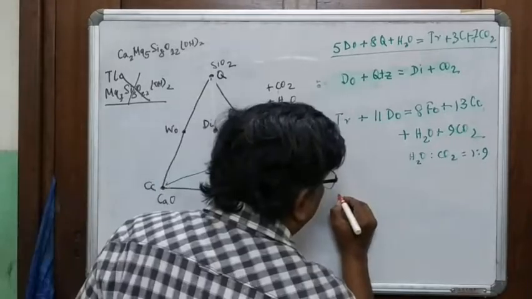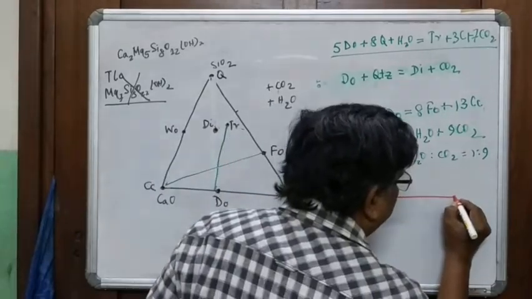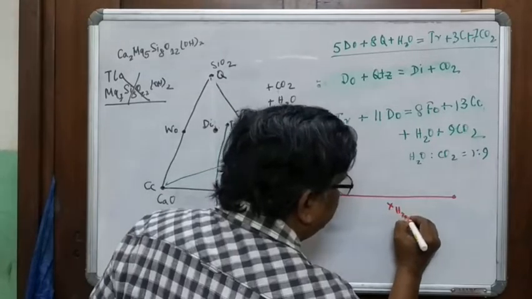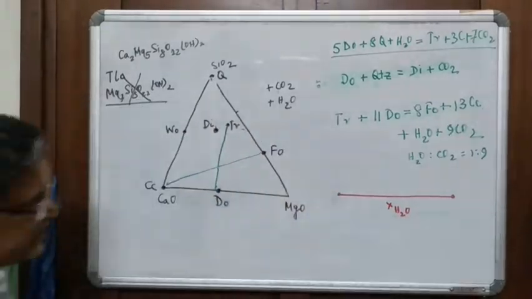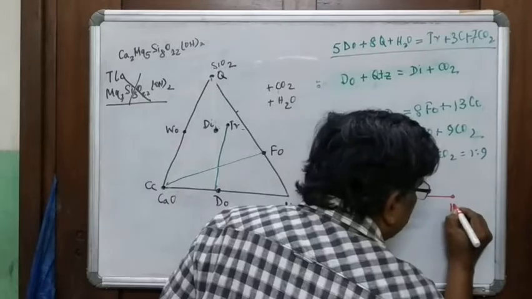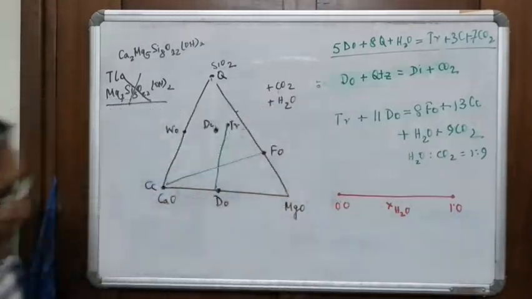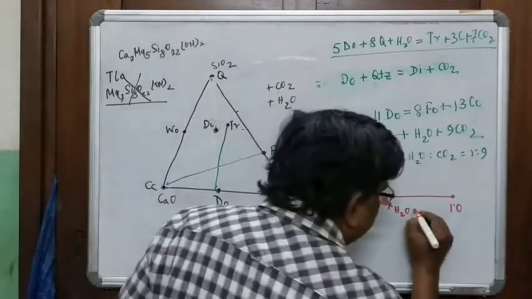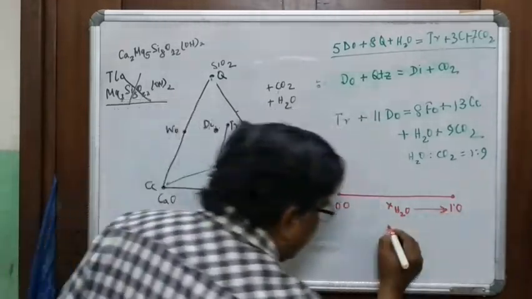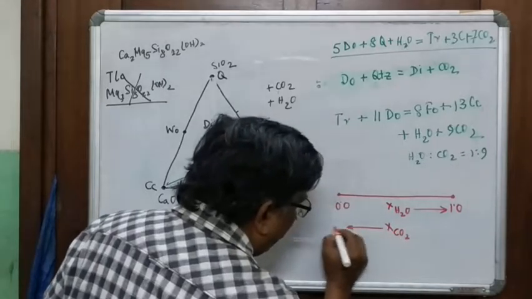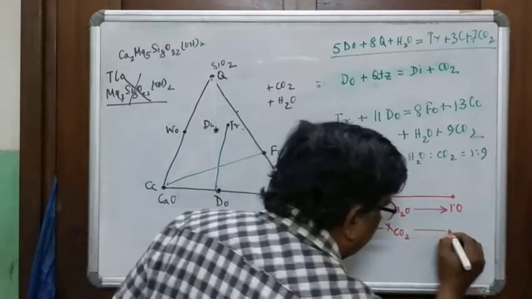Say, for example, I draw a red line. This is XH2O. Let's say XH2O is 1.0 here, and this is 0.0. That means XH2O increases this way, and XCO2 of course increases this way.